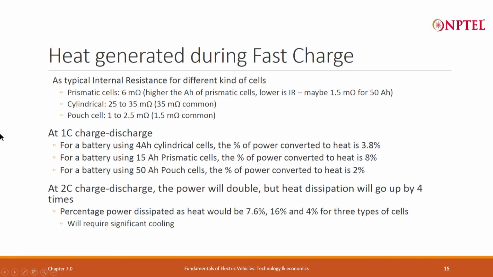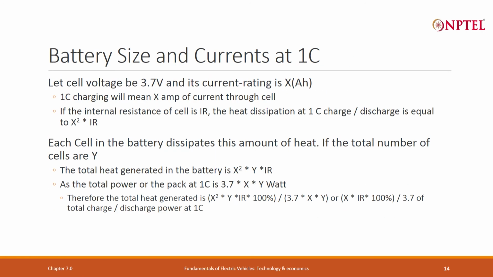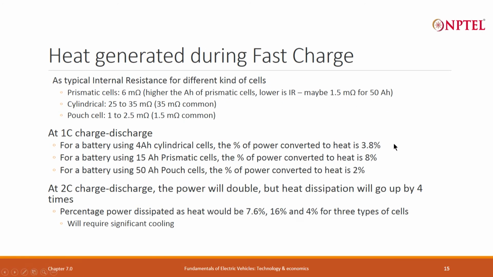So, 4 ampere hour into the internal resistance of 25 milliohm, multiplied by 100% divided by 3.7, and that comes to around 3.8%. So, in a cylindrical cell, 3.8% will be the heat generated at 1C.